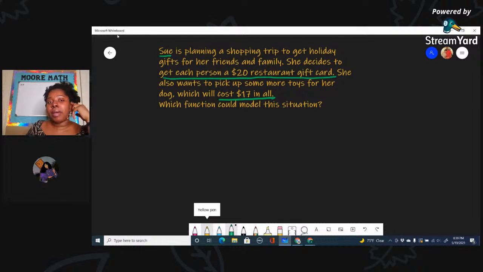Which function can model this situation? Now, they use the word function. It's the same as saying what equation can model this situation, because they're saying, well, I know the toys are going to cost $17, but do I know how much the gift card is going to cost? So if you're looking at this and she's giving each person a gift card, do we know the total cost of the gift cards?